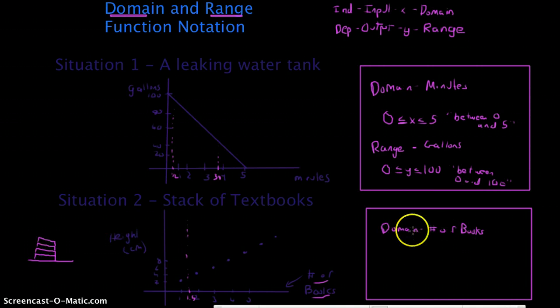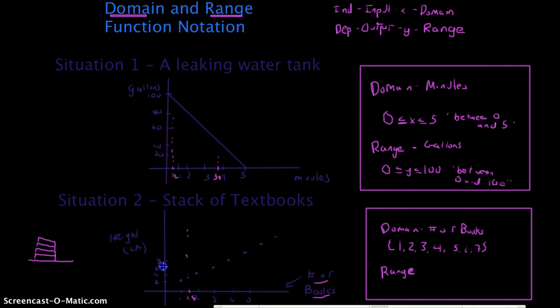Okay, so my domain here is going to be all the possible numbers of books. So 1, 2, 3, 4, 5, and then it looks like I've got a 6 and 7 as well. So we have to be careful that we don't start to identify numbers that aren't there. Same idea with the range. As I do this, I can't have range values that are, say, between 6 and 8.